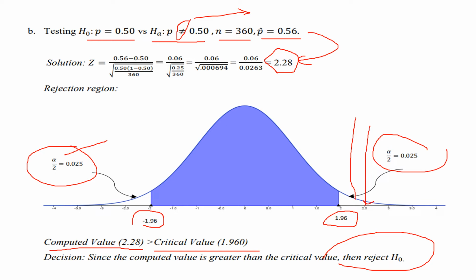Then we need to reject your null and accept your alternative hypothesis. So to say that our conclusion will be based on this statement that your P is equal to 0.5, we don't know if your P is less than or greater than 0.5, but one thing is sure now: we need to reject your null hypothesis and we need to adopt your P, which is not equal to 0.5, and accept your alternative hypothesis.